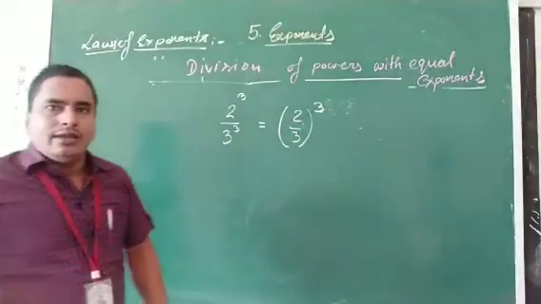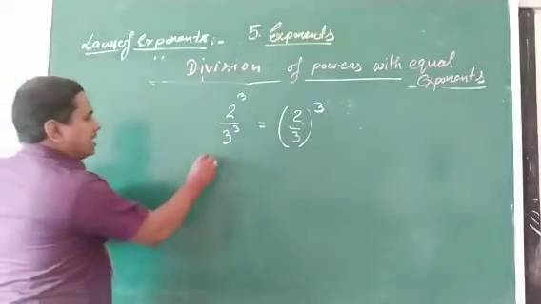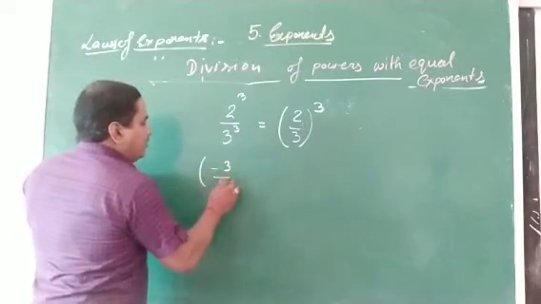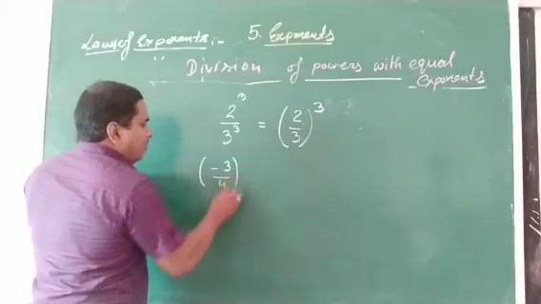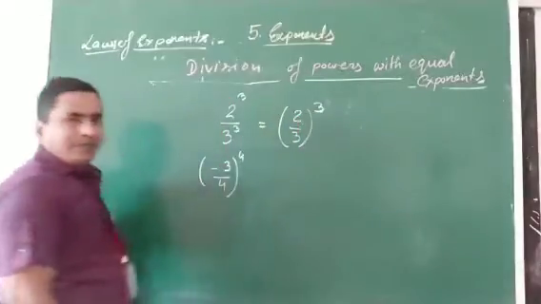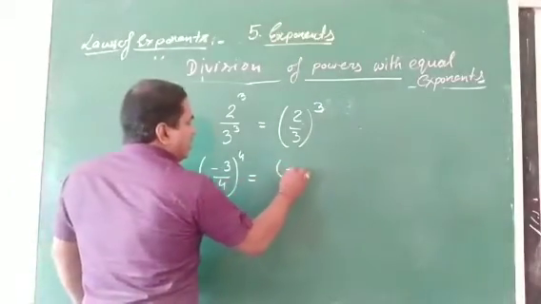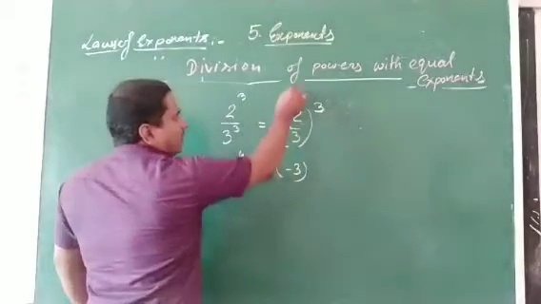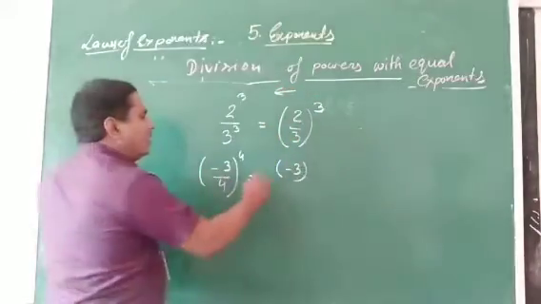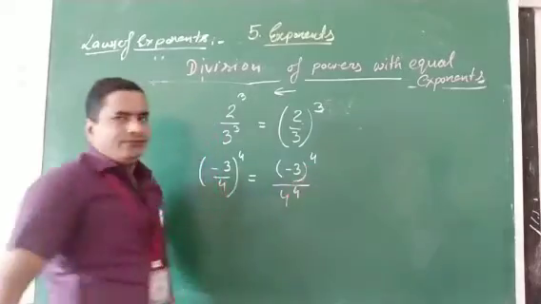Okay, clear? Same as you can apply this for other examples like this: minus 3 by 4 to the whole power 4. You also write this one. Either here we can distribute the power by applying this rule in reverse form: minus 3 to the power 4 upon 4 to the power 4.